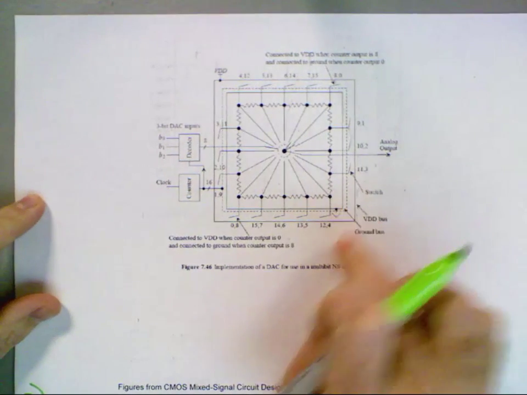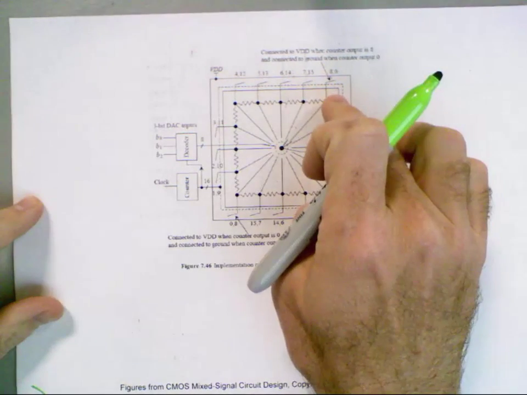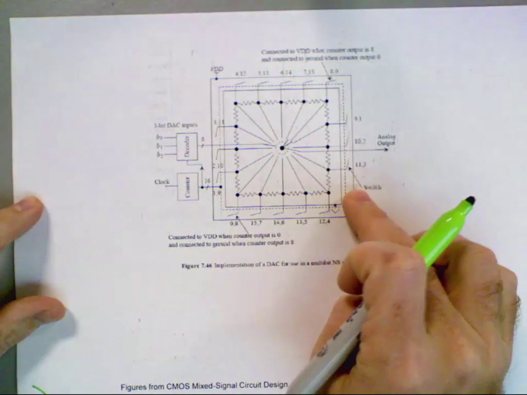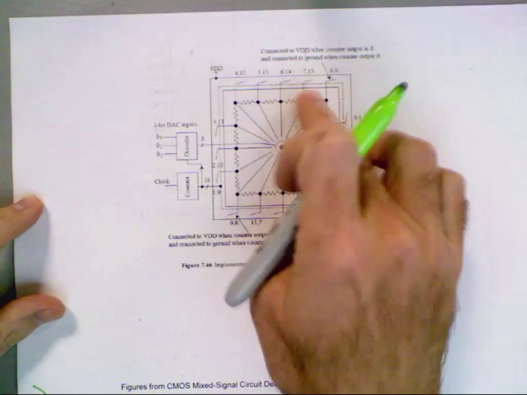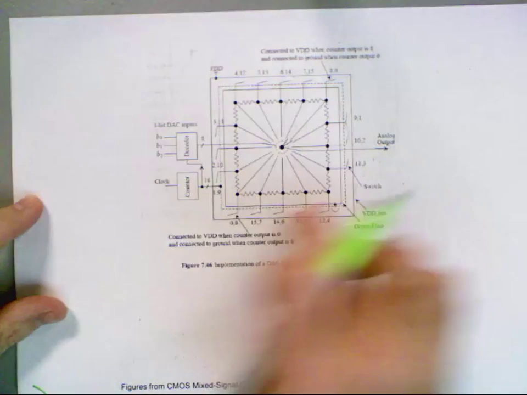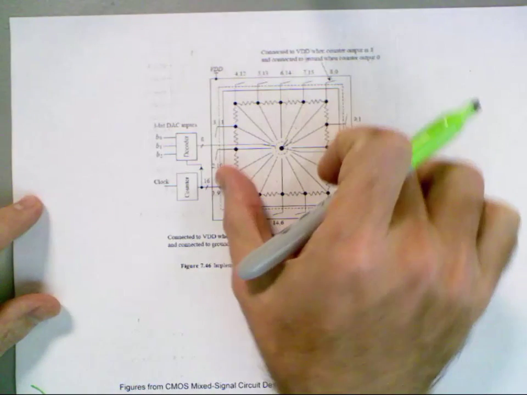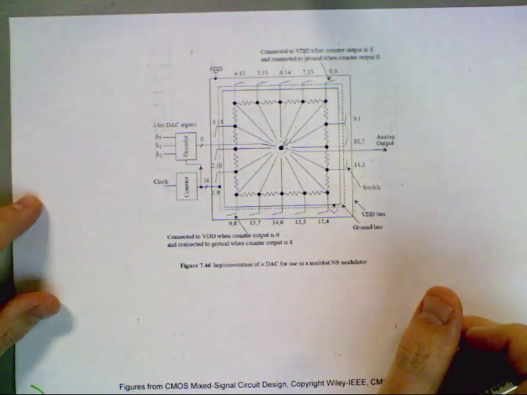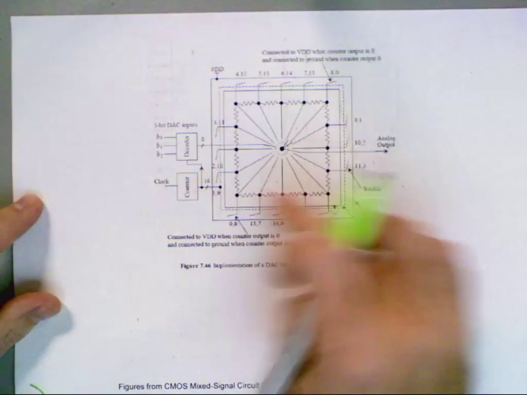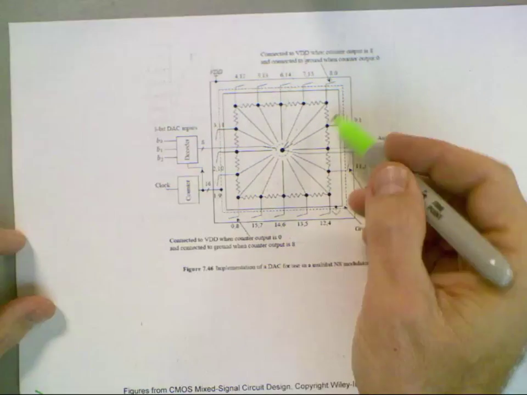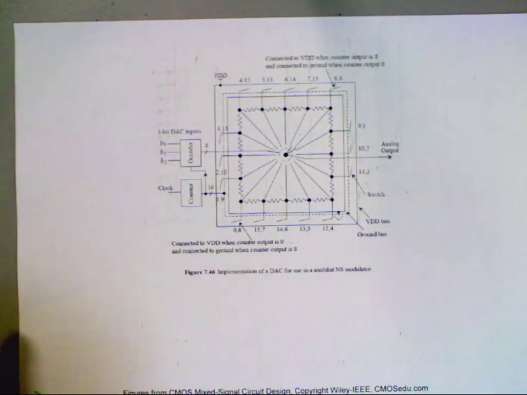And so what happens is the VDD and the ground positions change in this resistor string, and then you just randomly select various taps as the decoder's running the VDD and the ground around on the string. Okay, so you just randomly select where the tap is, and then it randomizes the mismatch in the resistors.